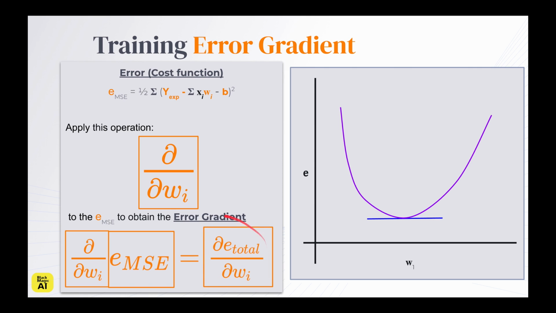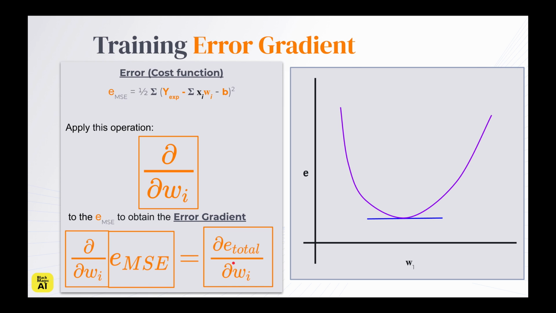When you see this symbol with the E total and the W sub I, that means we have taken this error cost function with the relationship with the weights in it, and we have a way now of calculating this tangent blue line. So like we showed previously, if we know the slope of this tangent blue line, that tells us the direction. So that's what this new symbol gives us.